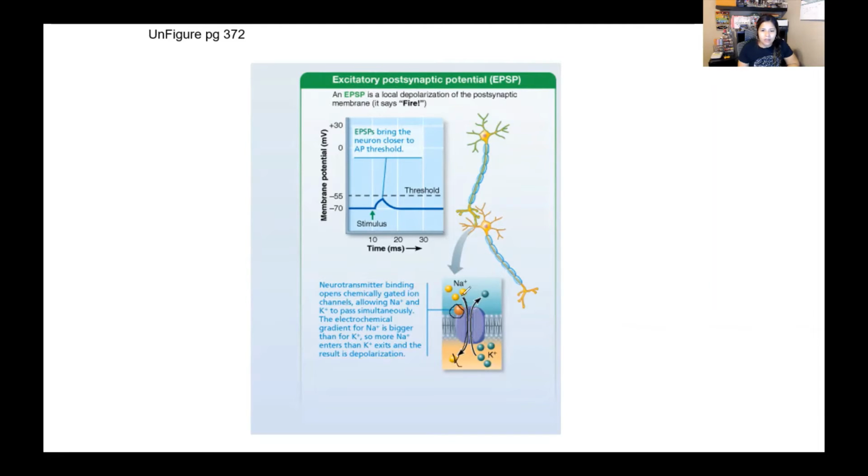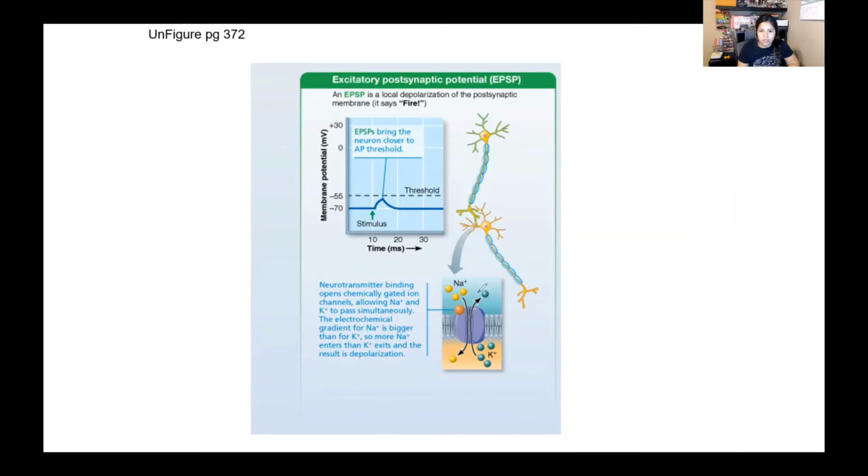Now you can see sodiums coming in. You can also see potassiums coming out. However, you're going to have sodium coming in at a much greater amount than potassium leaving. So you can see that here in this little description. The electrochemical gradient for sodium is bigger than it is for potassium. So more sodium enters than potassium exits, and so that's going to result in our depolarization.